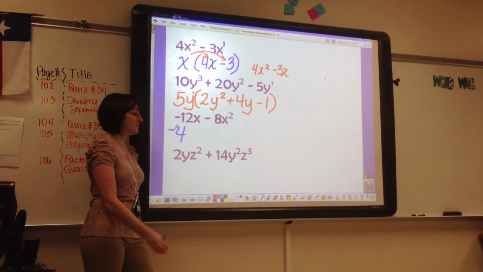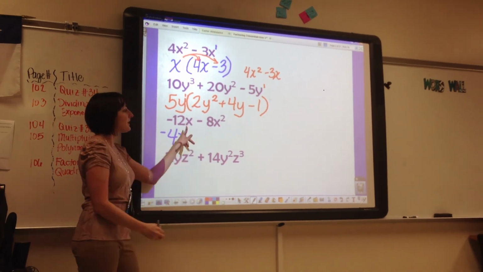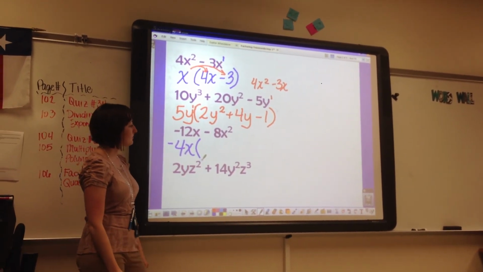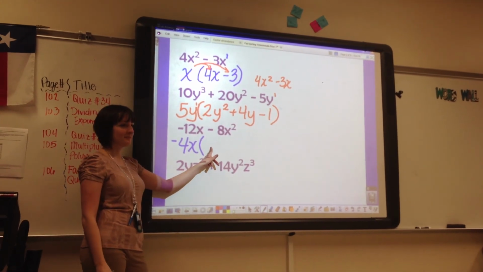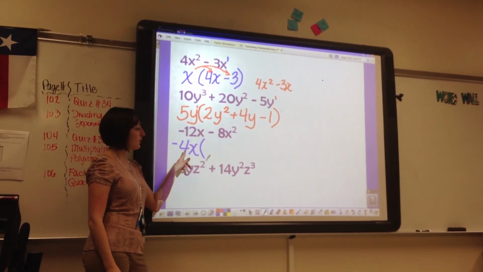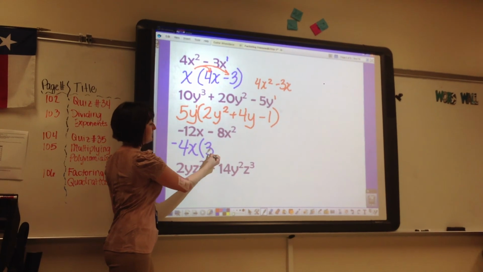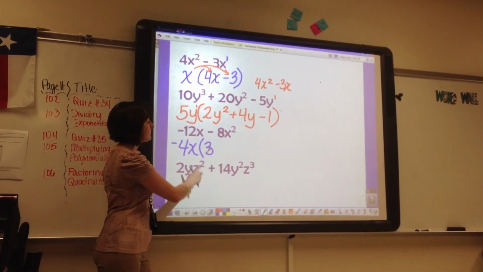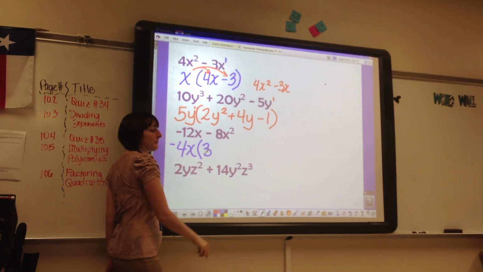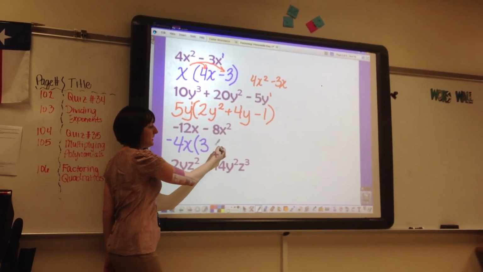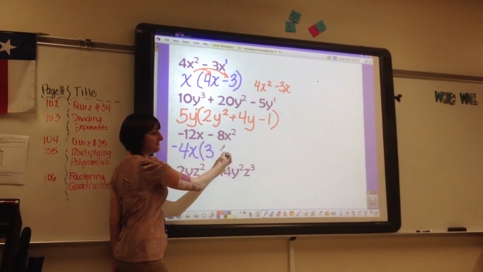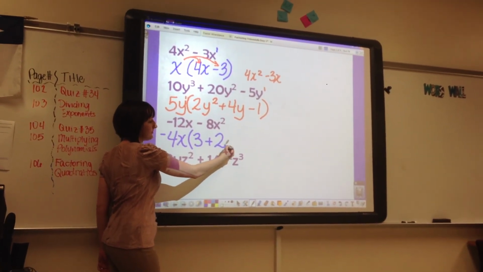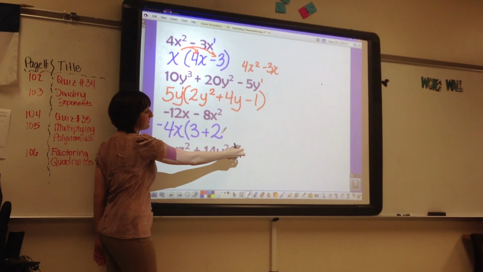X. They both have an x. What goes here? 3. 4 times 3 is 12, and 4x times 3 is 12x. So we're good with that one. How about to get that one? Plus or minus? Plus. How do we get the square?